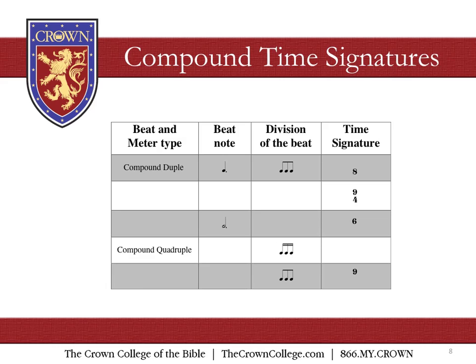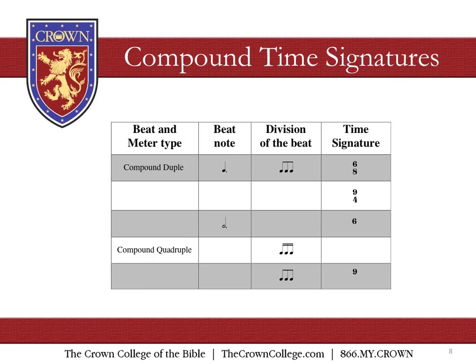Remember how we had to divide our top number by 3 to determine if it was compound? Well, now that we know that it is compound, we must take duple, which is represented by 2, and times it by 3 to get our top number. And so we get 6. 6 eighth notes in our time signature of compound duple.